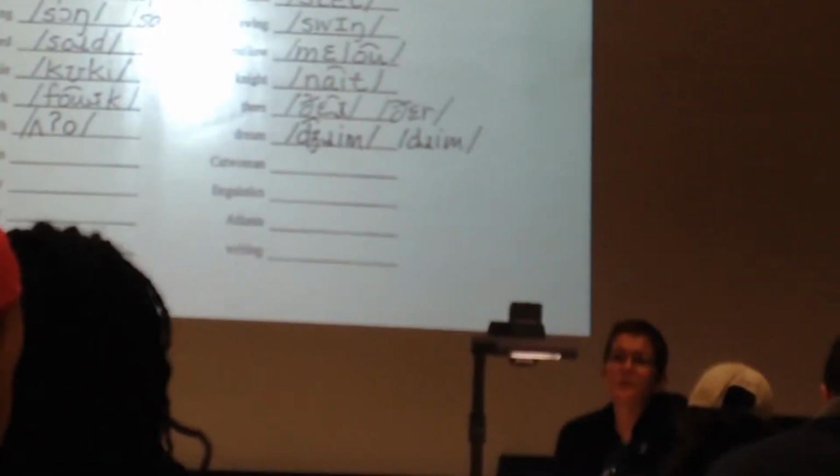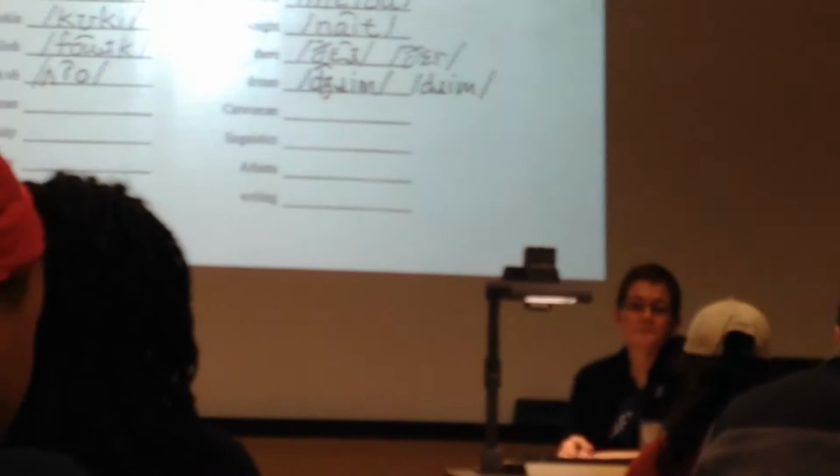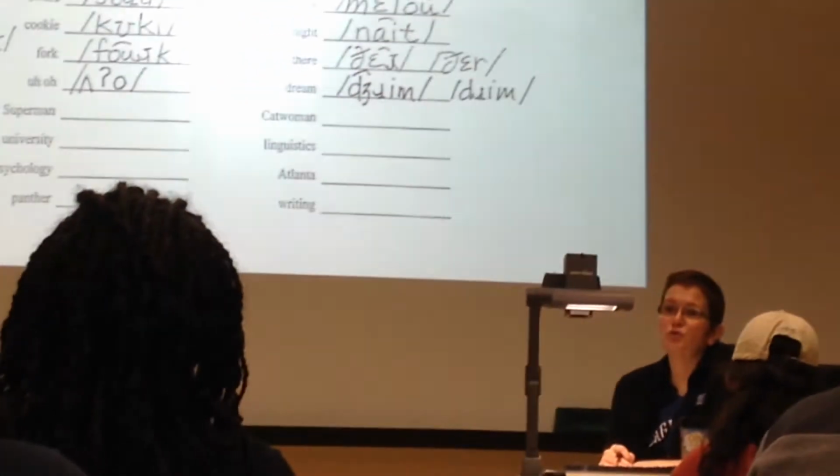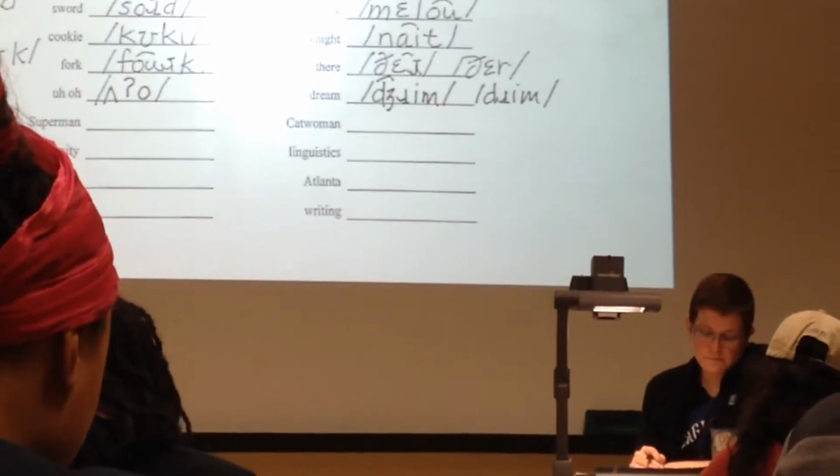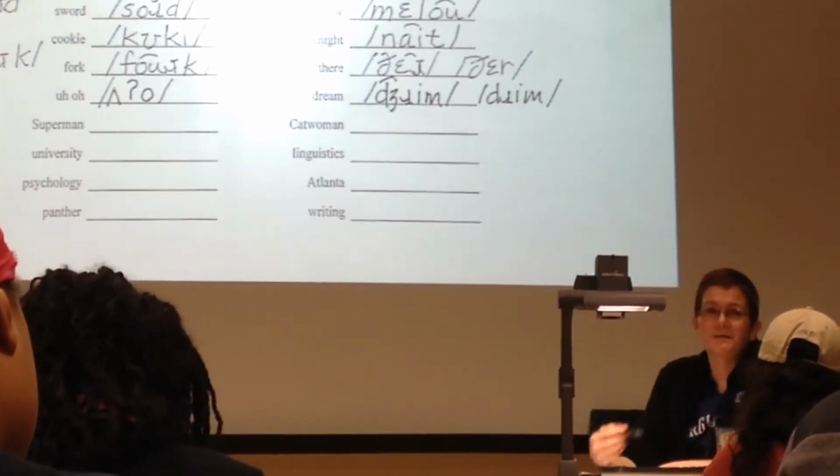Although you could also say it dream, and that would be fine too. Those occur in free variation, meaning that the same person might say it both ways. It just depends on the context. Now, here's just an interesting note.